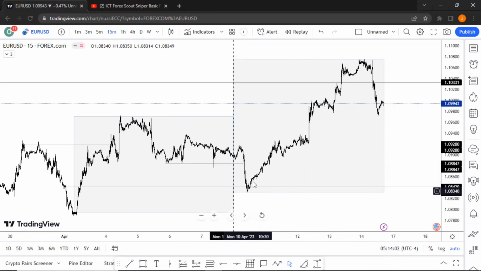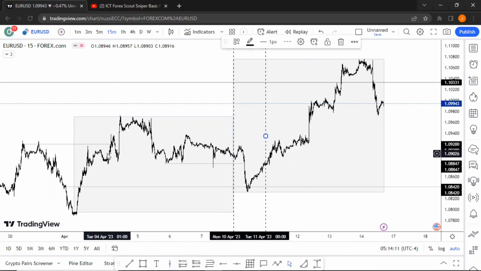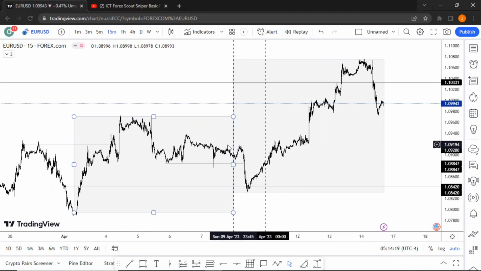So what happens next? We have Tuesday. Let me mark Tuesday's price action. So we have Tuesday right here. From Tuesday, we took out all these equal highs right here. And keep marking out everything it takes out.